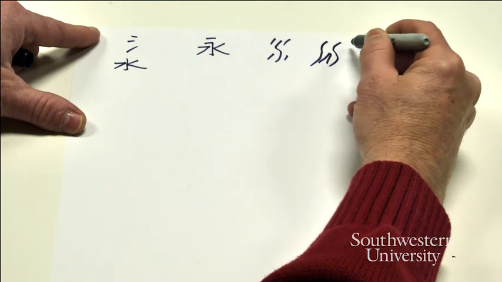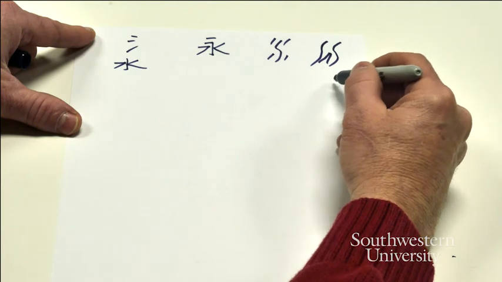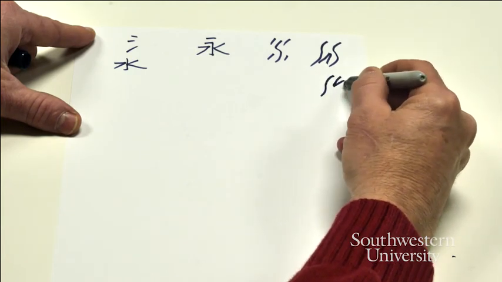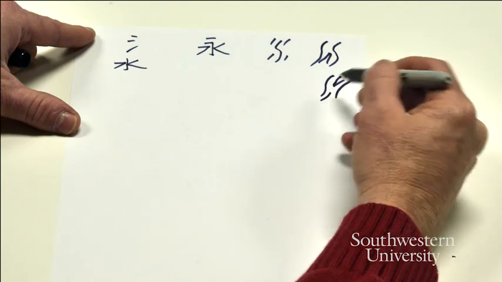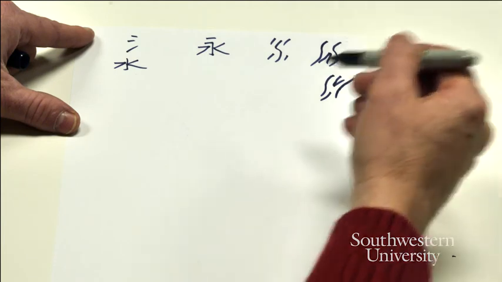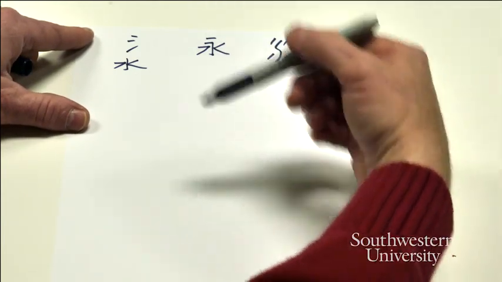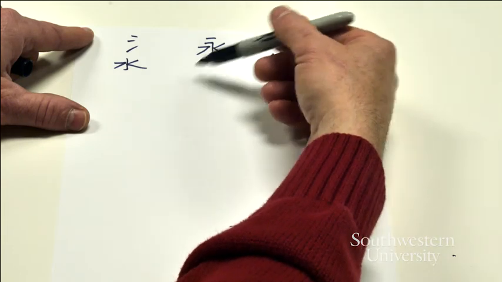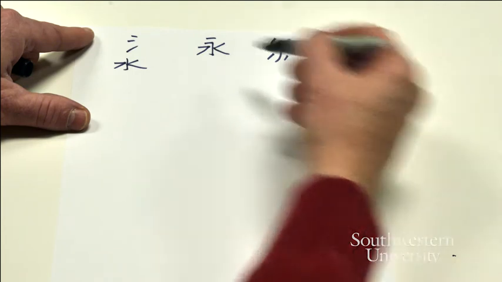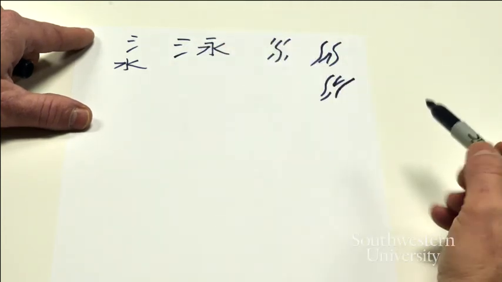It was the flow of water around an island, except I think I actually have it upside down. So an indication of constant flow, something like that. I thought I knew it pretty well, but I don't. An indication of constant flow, or in other words, eternity, forever. But it's just phonetic.